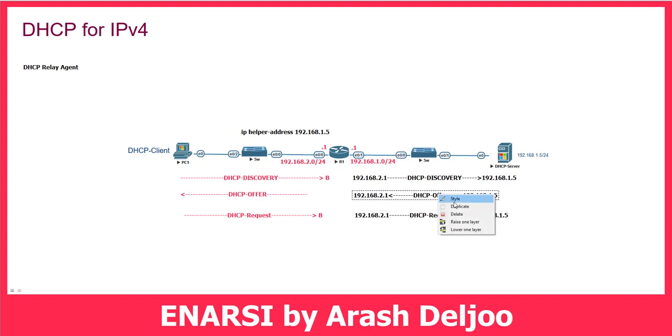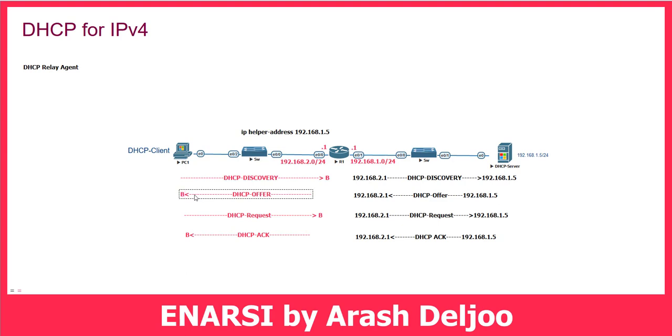Finally, the DHCP server should give the DHCP acknowledgement to router 1, and then router 1 again should send one DHCP acknowledgement in broadcast to, for example, PC1 in this network. All of these messages are broadcast, as in the normal DHCP operation, but actually here the router is helping PCs to get an IP address from the DHCP server.